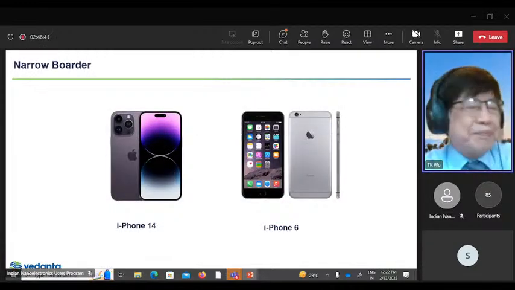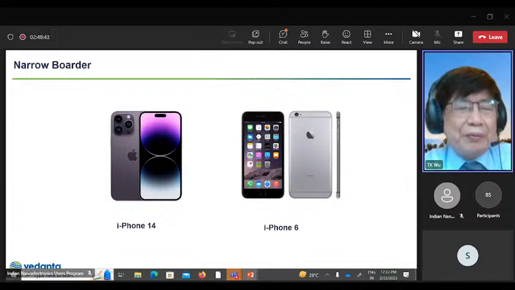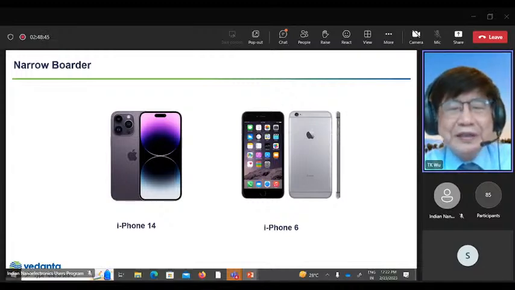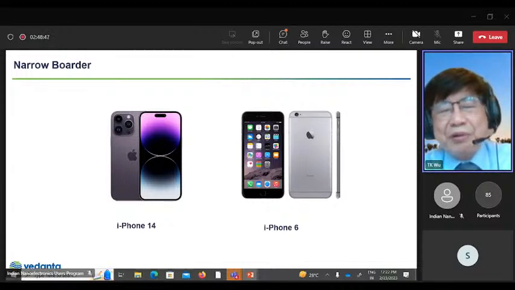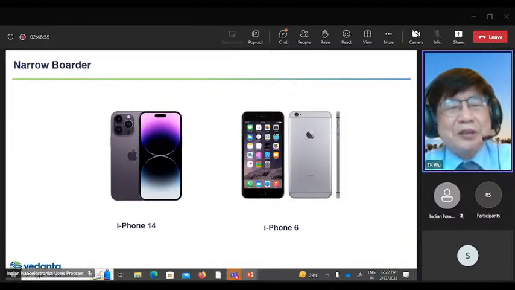So the left one is iPhone 14, and the right-hand side is iPhone 6. The panel size difference is big, but the body of the phone doesn't change too much.